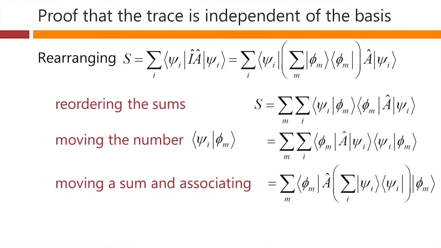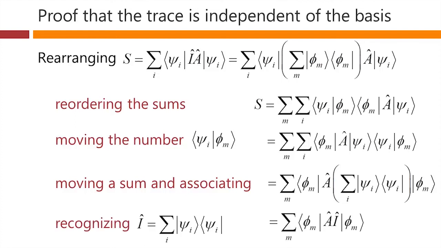And we recognize that when we've done that, we can regroup our terms, these psi i's here. We recognize that this collection here is simply the identity operator. So we can replace it with the identity operator. The identity operator this time expressed on the basis psi i instead of the basis phi i or phi m that we were working with before.